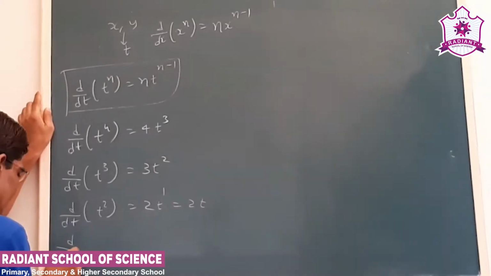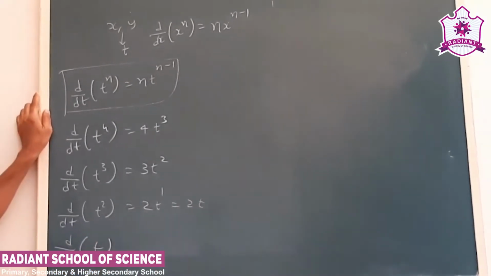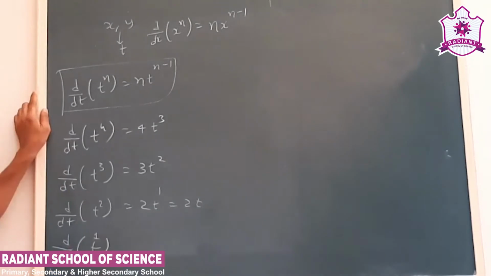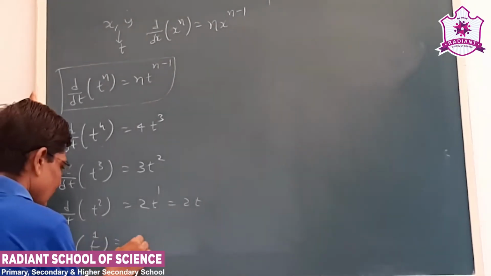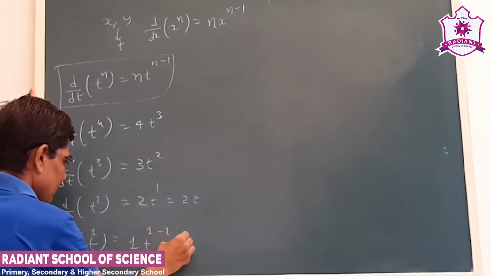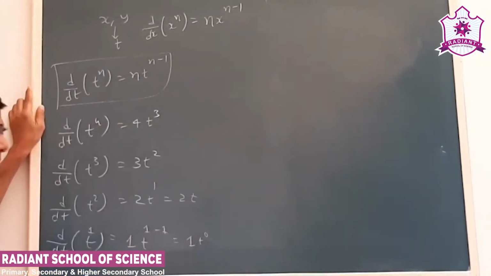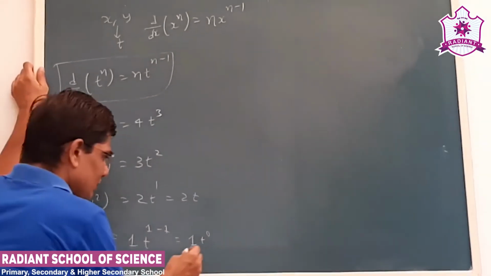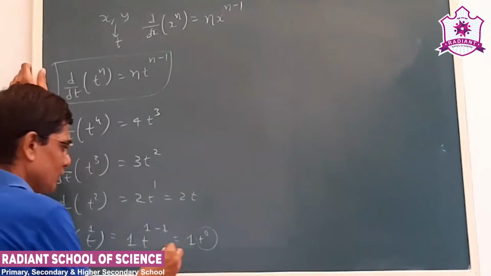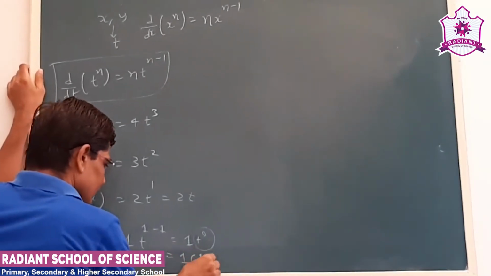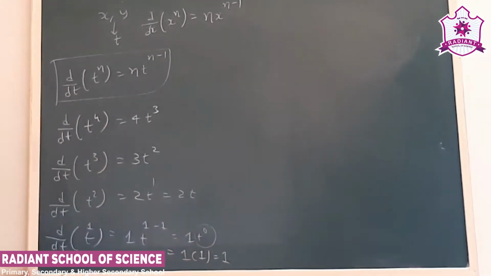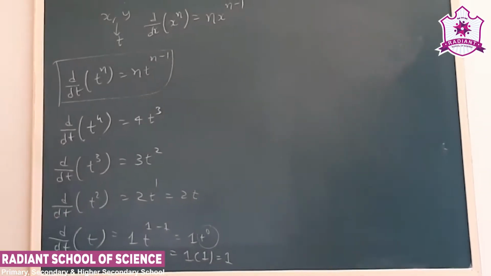Now the derivative of t. What is the power here? It is not mentioned, but it is 1. So it is 1 times t to the power 1 minus 1, that is 1 times t to the power 0. Earlier in algebra we studied that anything raised to power 0 is 1. So we have to remember the derivative of t is 1.